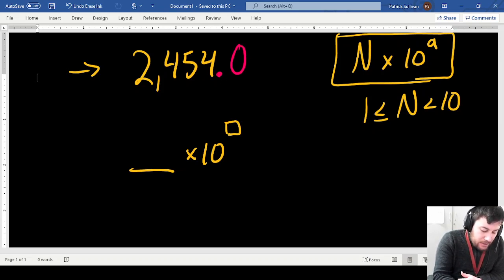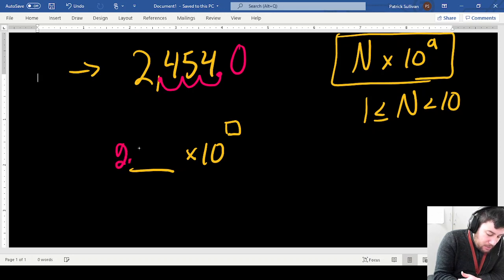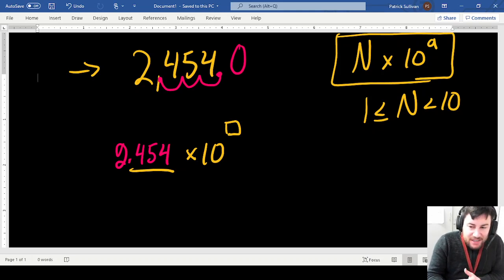Now I need my leading number to be less than 10 but greater than or equal to 1. So I'm going to move it to the left, 1, 2, 3, so that my leading number can be 2.454. Again, that satisfies the requirement that the leading number has to be less than 10 and greater than or equal to 1.